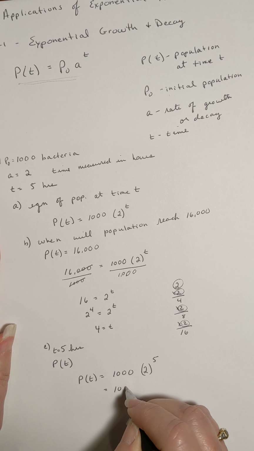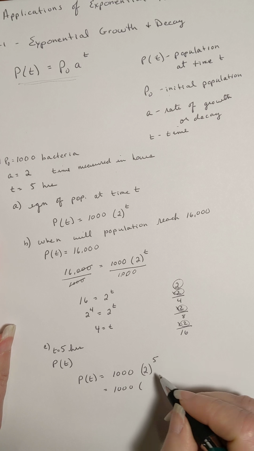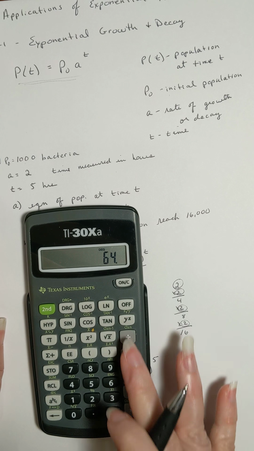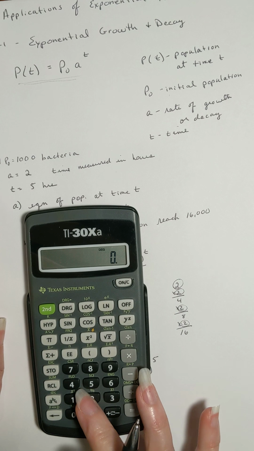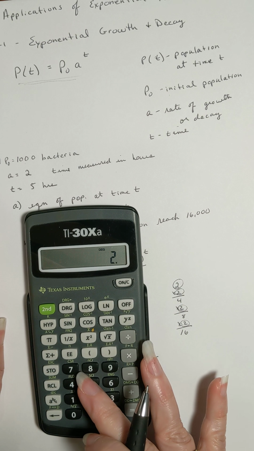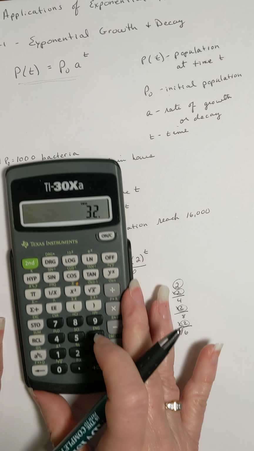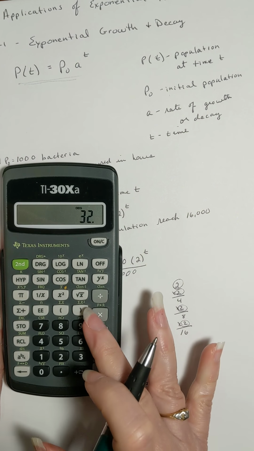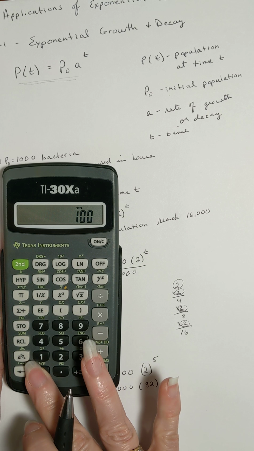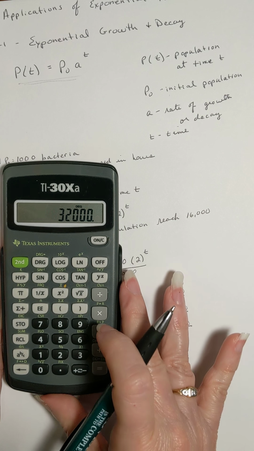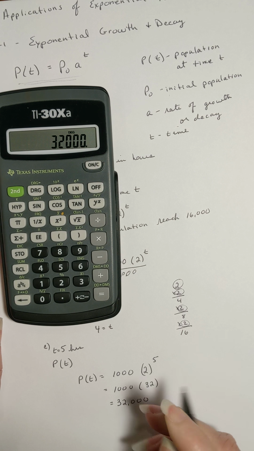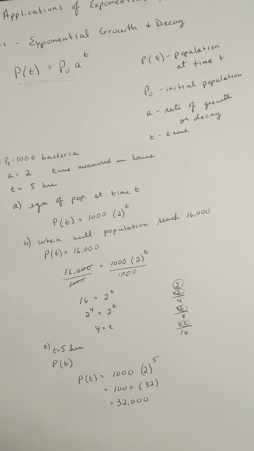So this would be 1,000 times 2 to the 5th. Using my calculator, I have 2 y to the x 5 equals 32, times 1,000 is equal to 32,000. So this is basically how you work, and this is called exponential growth.